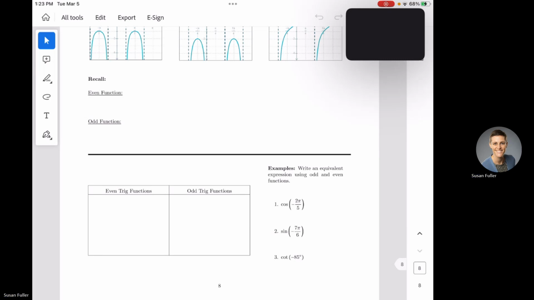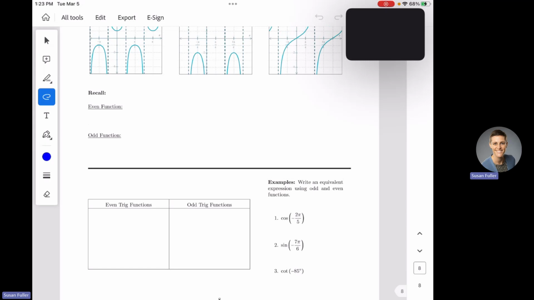So an even function, what an even function really is in mathematics, is any function where f of negative x is equal to f of positive x. So what that means is that whether you put a positive or negative value into your function, you get exactly the same y value out.